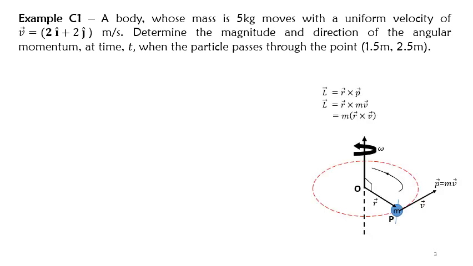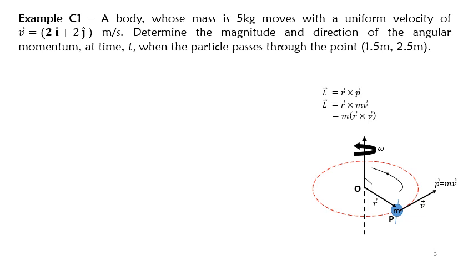Let's look at the body. This question: a body whose mass is 5 kilograms moves with a uniform velocity, and that value of velocity is given in Cartesian coordinates. So that means the body is considered in a two-dimensional plane.